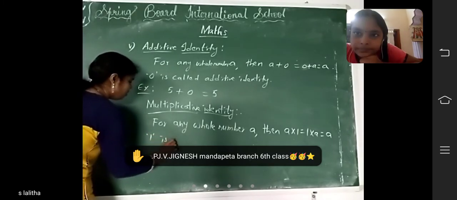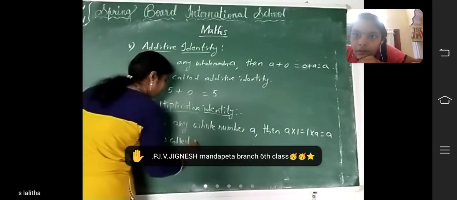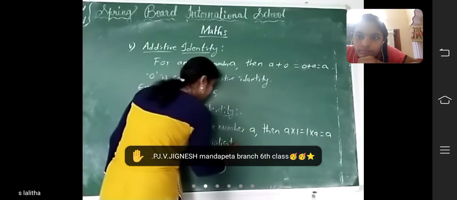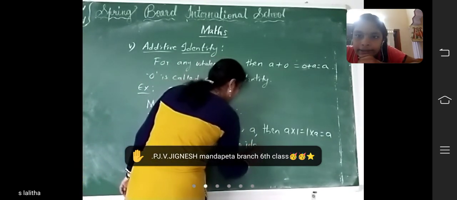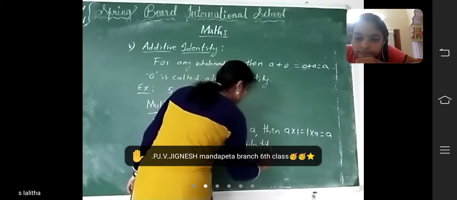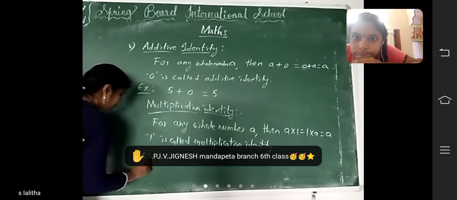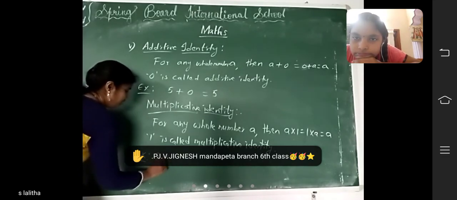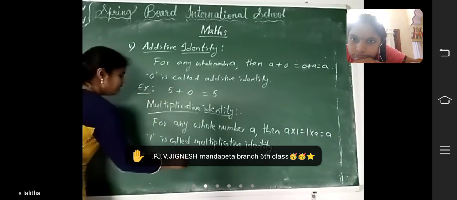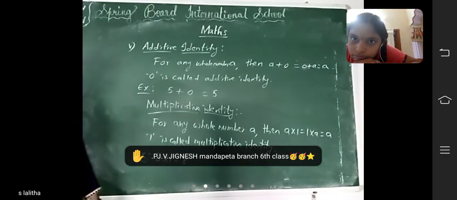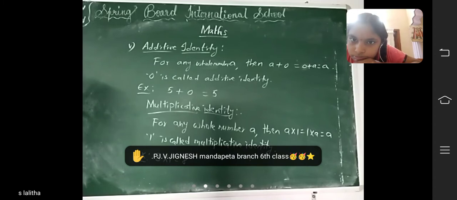So 1 is called multiplicative identity. Example, 8 into 1, how much? 8 is the answer again. So 1 is called multiplicative identity. Okay, ma? Right.